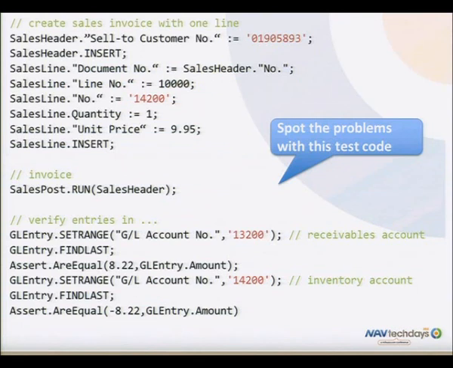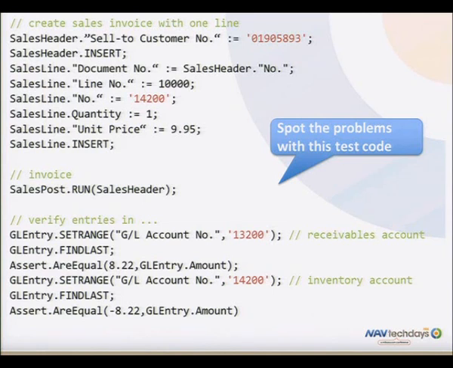As a teaser, I will present you this fragment of test code. Looking at it, it should be quite straightforward what this fragment is trying to achieve. It creates a sales invoice with one line for a certain amount, and then it will post that sales invoice, and then after that, we will verify that the appropriate entries are posted for various accounts.